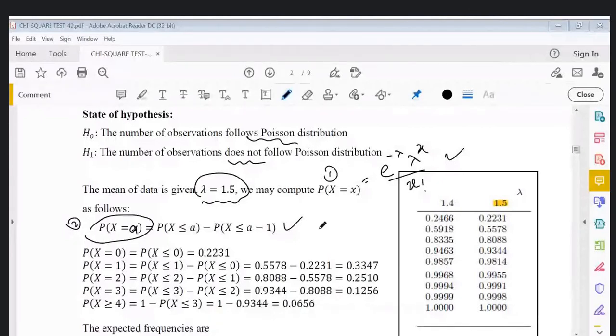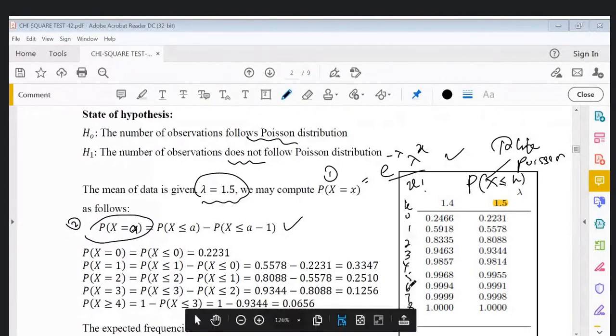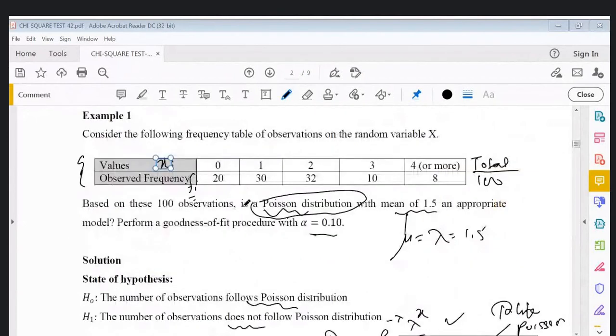If you still remember, for cumulative, K starts at 0, 1, 2, 3, up to 8, and the formula is less than or equal to K. For this question, X starts from 0. When X is 0, we must use the formula with lambda 1.5.